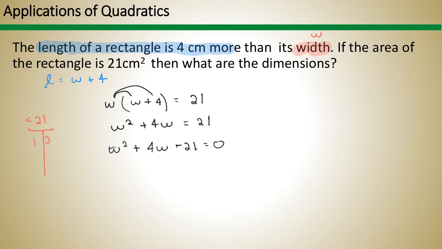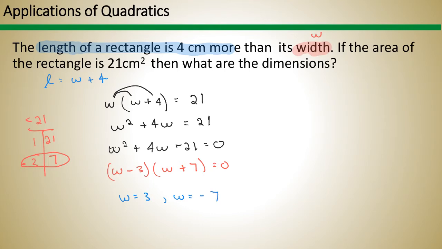I've got 1 and 21, or 3 and 7, and I can make a positive 4 with these two factors. So my factors are W minus 3 and W plus 7, equal to 0. My solutions are W is equal to 3 and W is equal to negative 7.